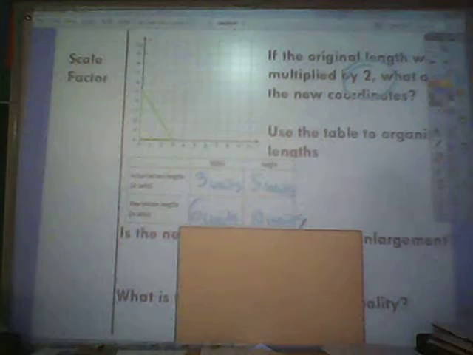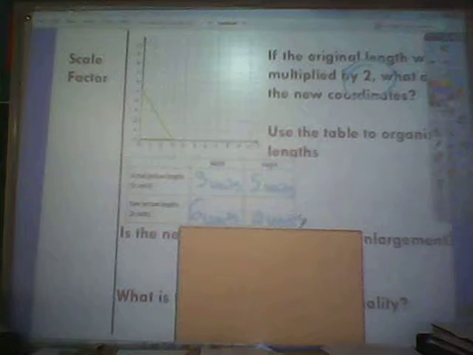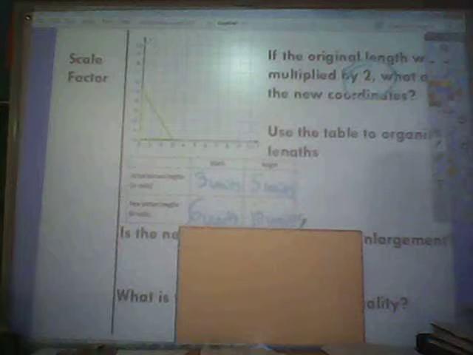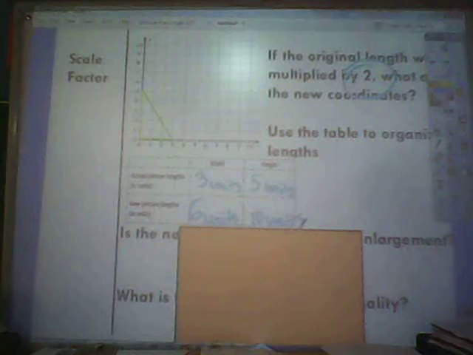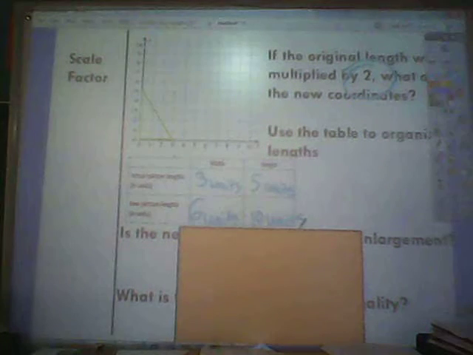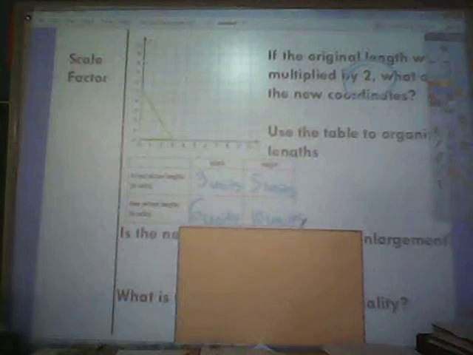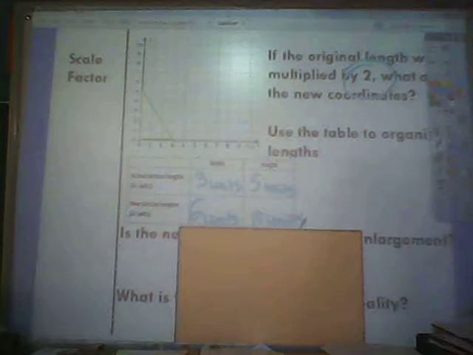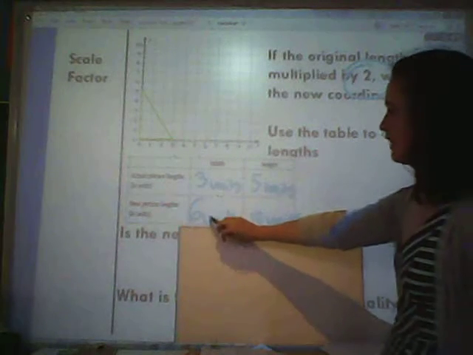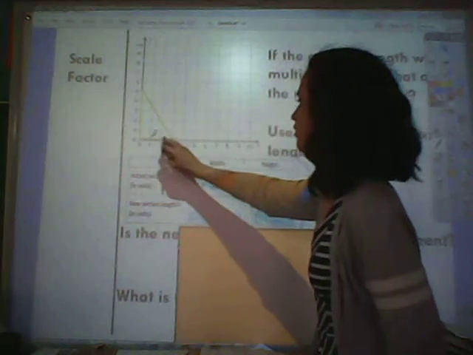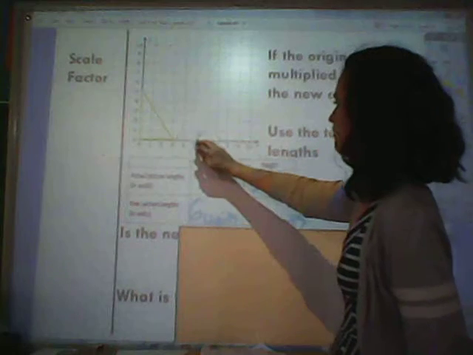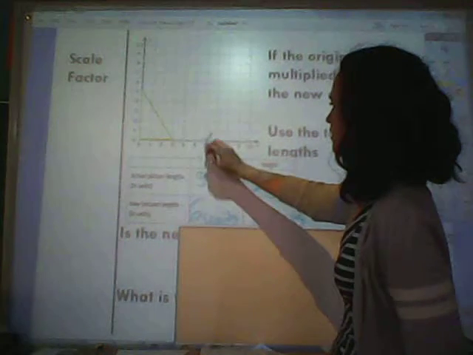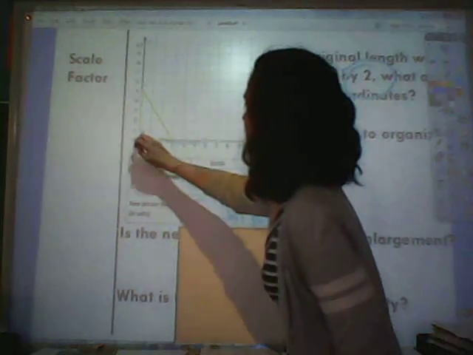So now that I have the dimensions of my new picture, I can graph it. What I'm always going to advise you to do first, particularly when we're working on a coordinate plane, is to first do your length and then find your height. My length or width is 6 units. So 1, 2, 3, 4, 5, 6. So here is my length.